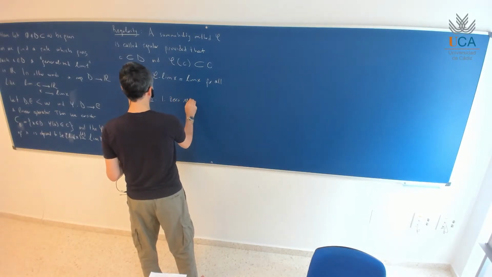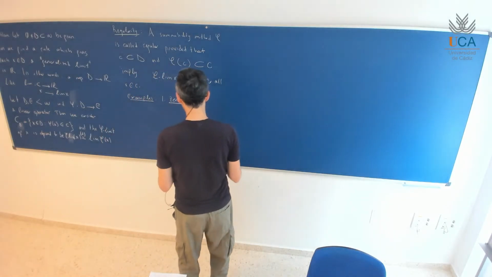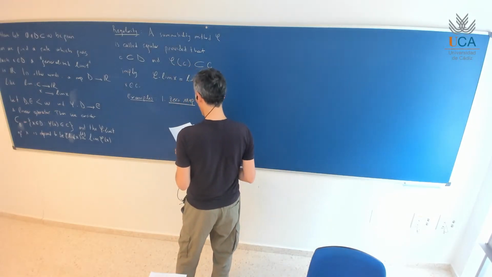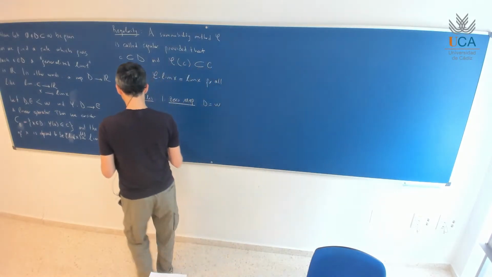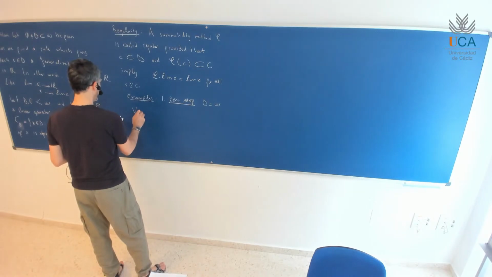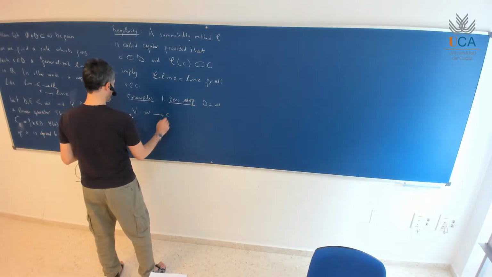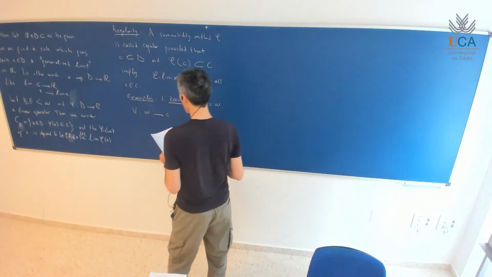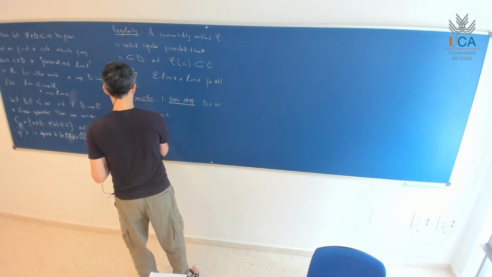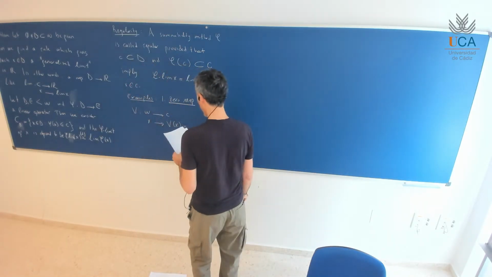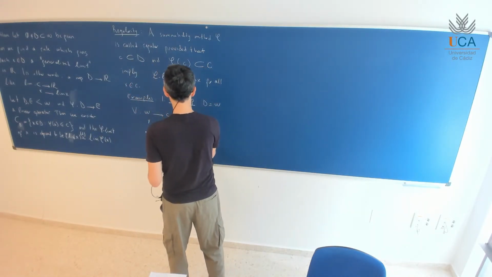Zero map. So let D be the space of all sequences, and the map V be from omega into the space of all convergent sequences, and we define V of x as the zero sequence.